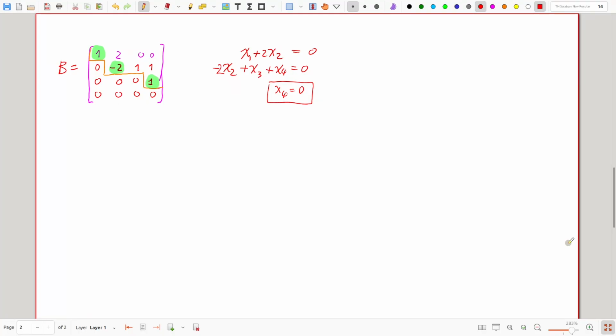In this equation, how many variables do you have? 2. To satisfy them, you can set one of them. Which one do you like? x3 again would be hard. Let's pick x2, it will be easier.